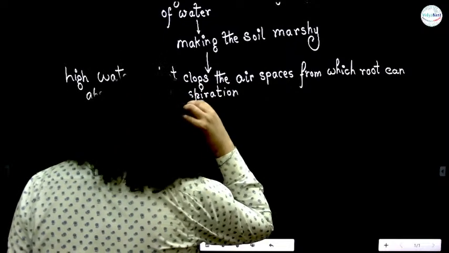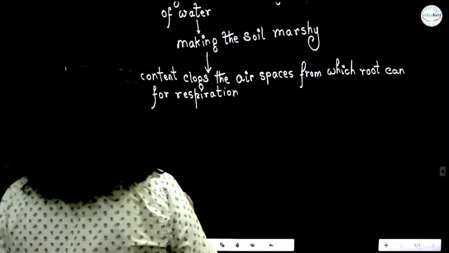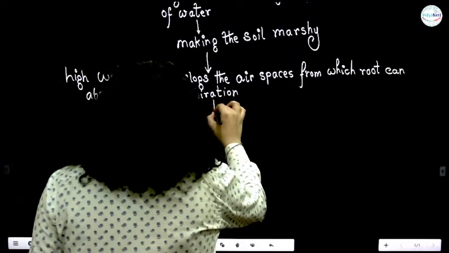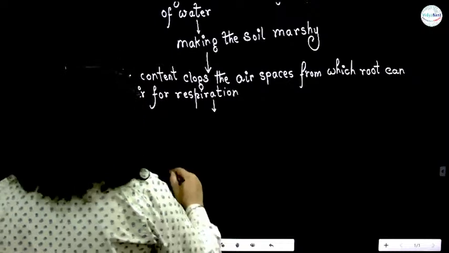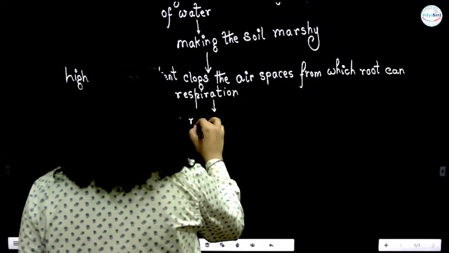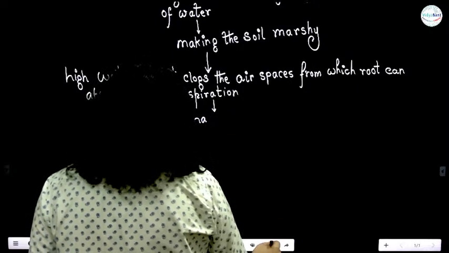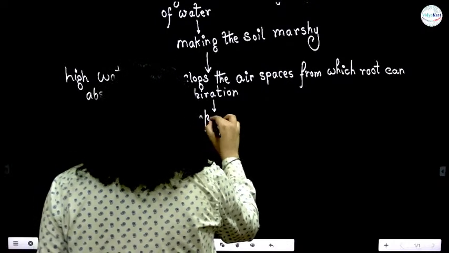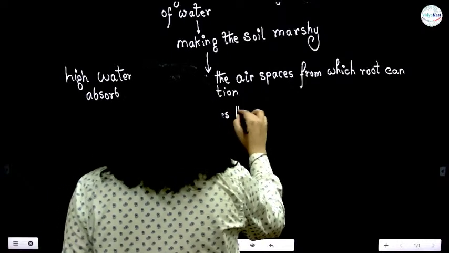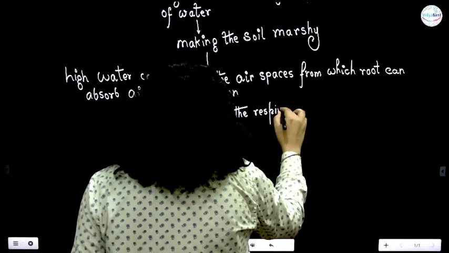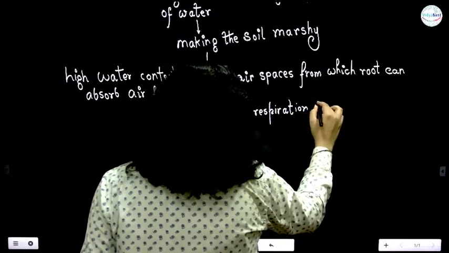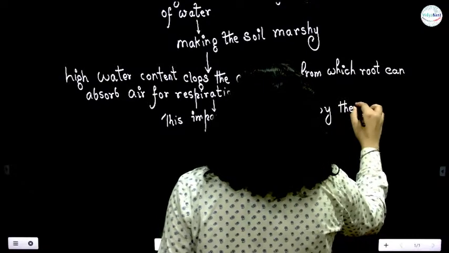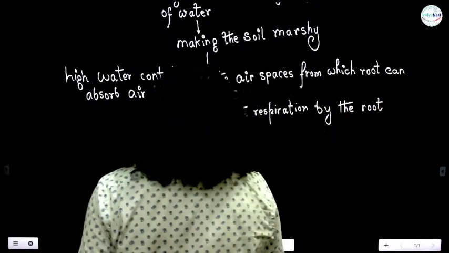So those spaces are clogged by the water, and therefore the root cannot perform respiration. This impairs the respiration by the roots.